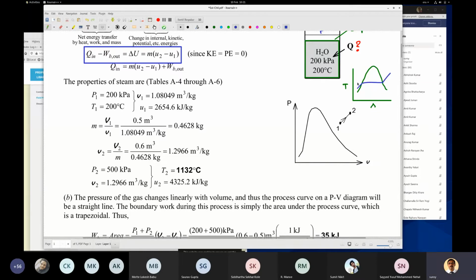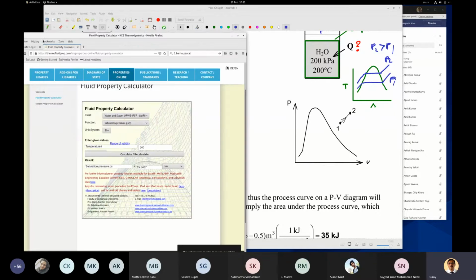This one pressure, another pressure, P1, P2, with P2 greater than P1, and this is the temperature. So here, what we are seeing is, at 200 degrees centigrade, the saturation pressure is 15 only.